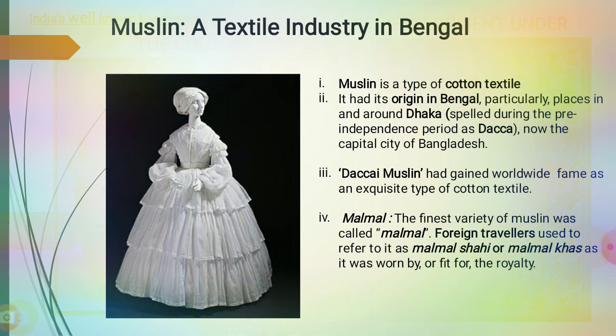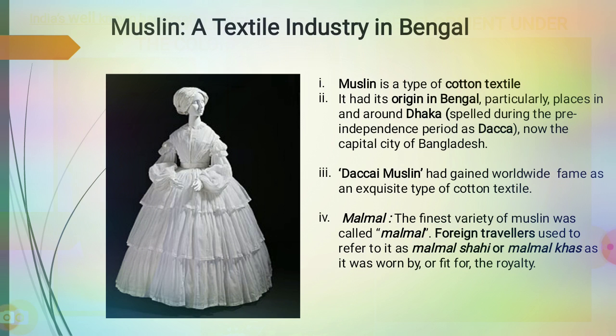Now, if you can see a picture, it was a kind of cotton textile, basically known as muslin. Muslin was another type of cotton textile, and it was grown basically in Bengal, which was the Bangladesh region before the partition of India. It was particularly known in Dhaka.